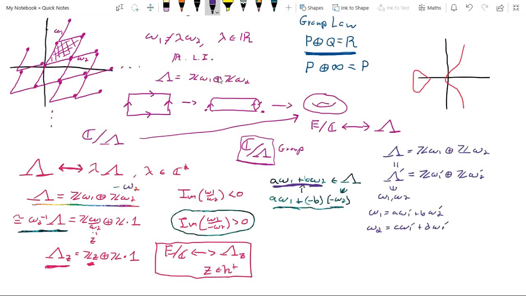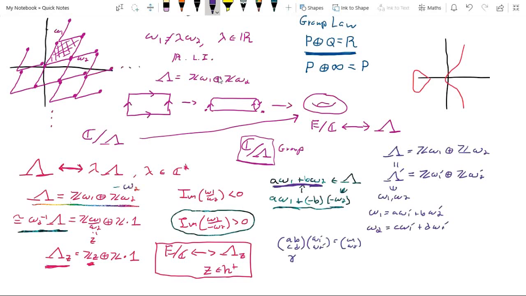Now, a more compact way to write this would be to say that the matrix a, b, c, d, multiplying the column vector omega 1 prime, omega 2 prime, results in the column vector omega 1 and omega 2. I'll call this matrix gamma.